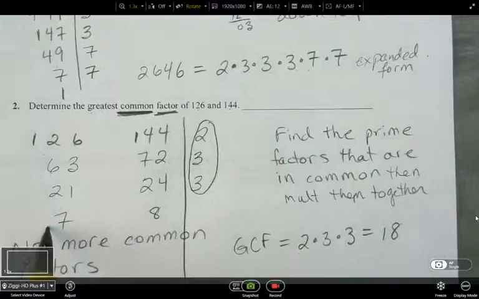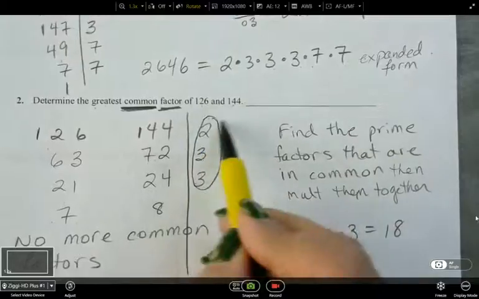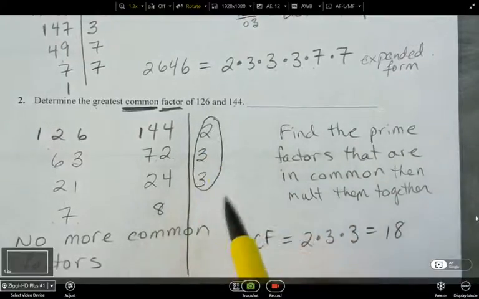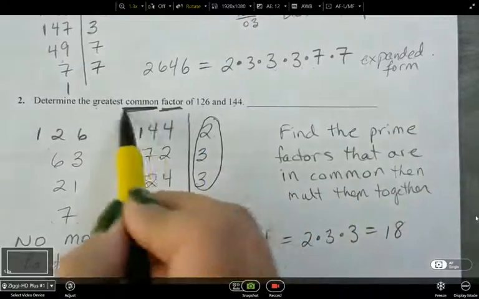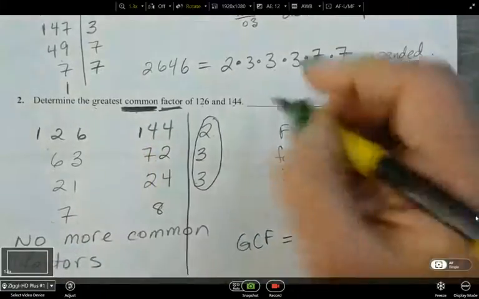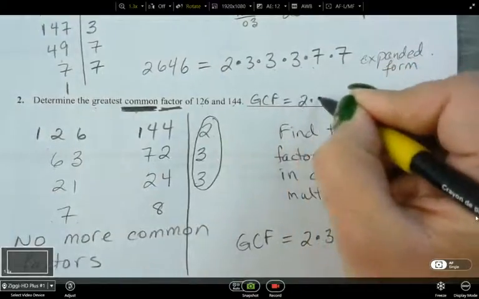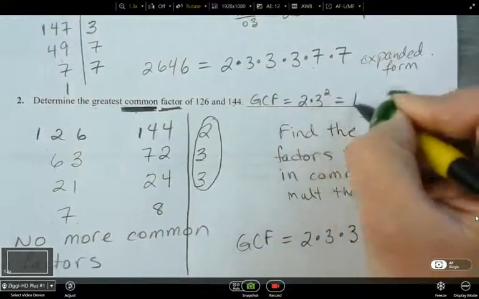No, these are not in common anymore. These numbers don't divide into both of these. We only want the numbers that they have in common. Okay? And the key word here is common. So try to remember that. All right, so GCF equals 2 times 3 squared, which is equal to 18.